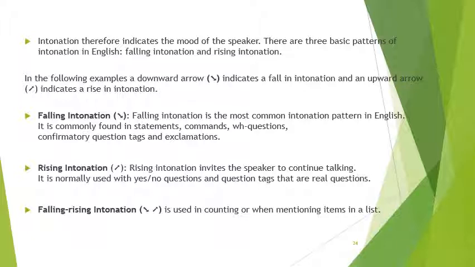The tone is falling up to 4, but in the last number the tone rises. Or when mentioning items on a list: I like beans, yams, and tomatoes. Then on the last one, the tone is rising.